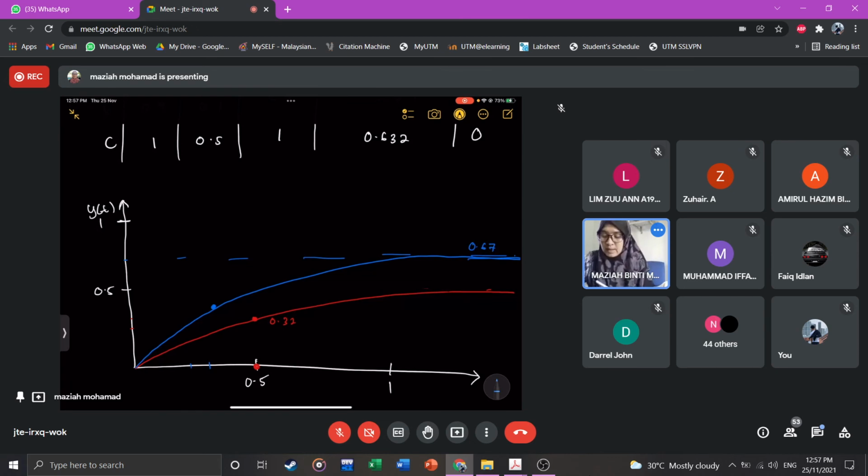So you can see that by adding gain equal to 2, we are able to improve the time response, because the time constant is reduced. Instead of taking 0.5 seconds, the time constant becomes 0.33.